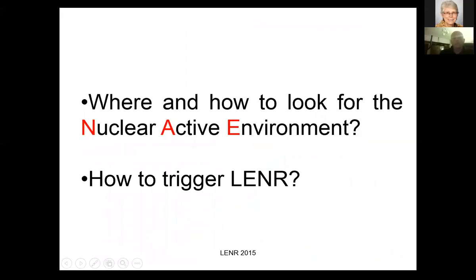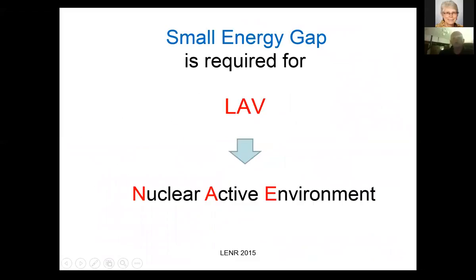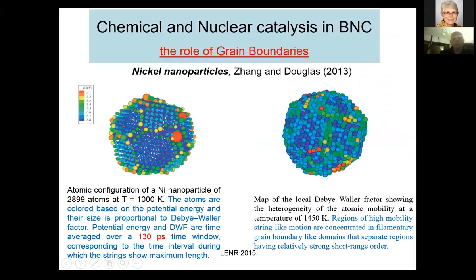And so the questions are, where and how to look for these nuclear active environments and how to trigger LENR. The first question can be answered that a small energy gap is required to excite LAV. And then you can produce this nuclear active environment. Some examples are already known from MD simulations of very small nano-size nickel particles.